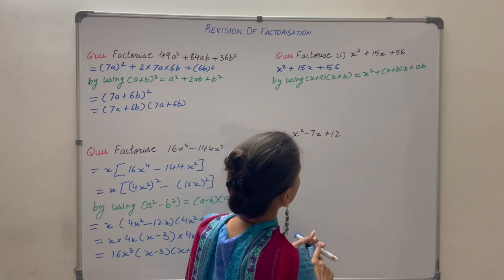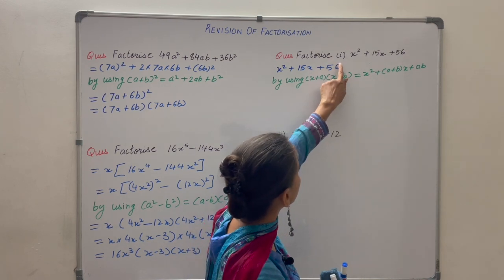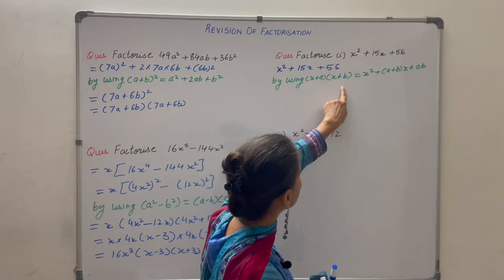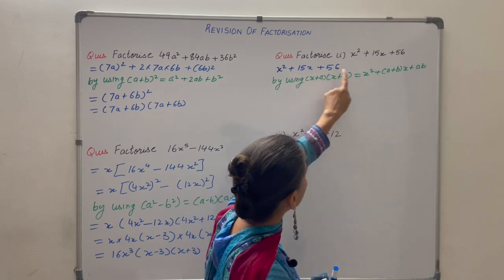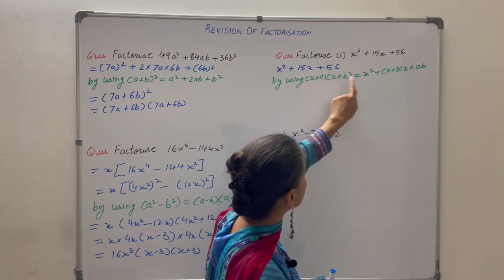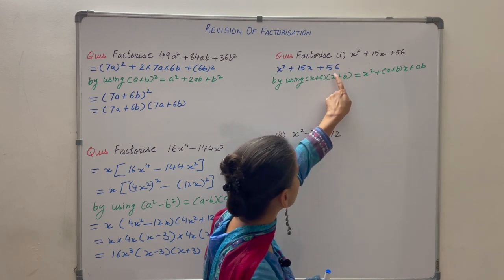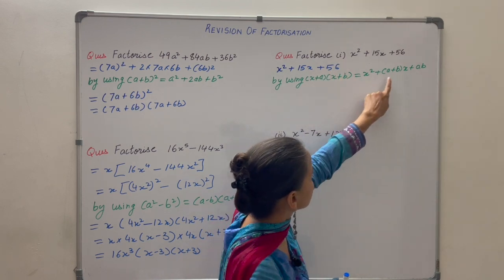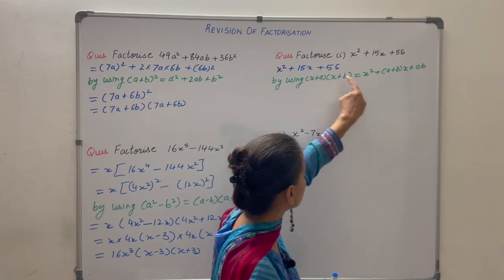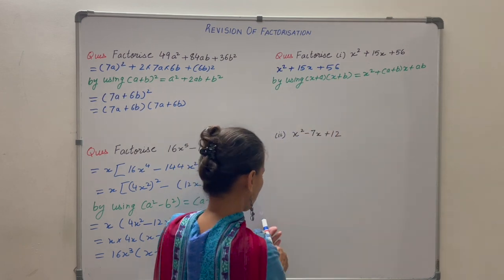So when you match with this, you can clearly see this is the expression given to you. You need to find out these factors. So this is x square, a plus b is 15 and a into b is 56. So just now we found out that a is 7 and b is 8.